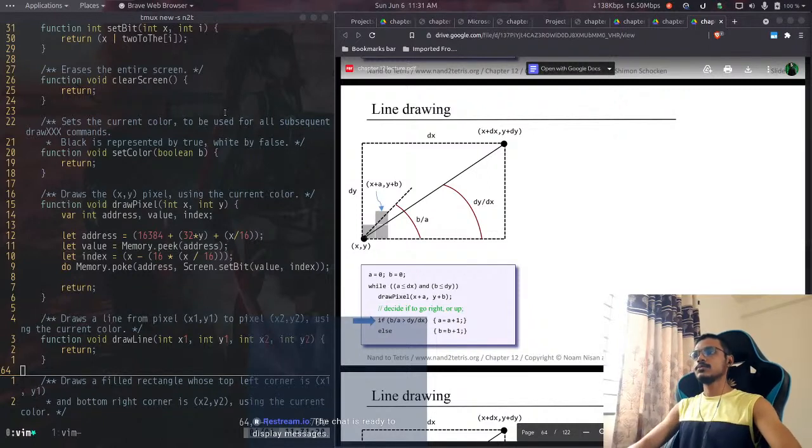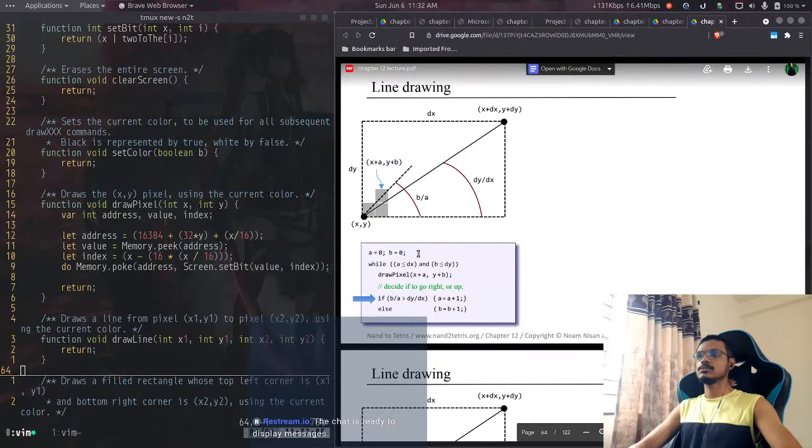Alright, so I was saying, if b divided by a is greater than dy by dx, wait, what? This is greater than this angle, then we go right, and if it is less, then we go up.